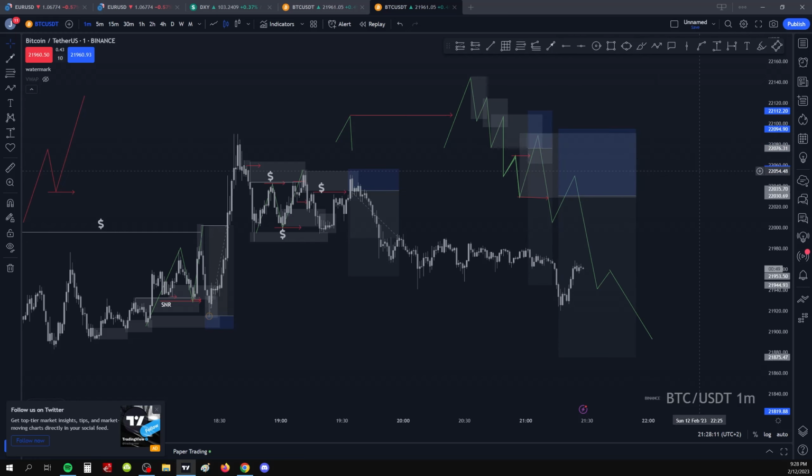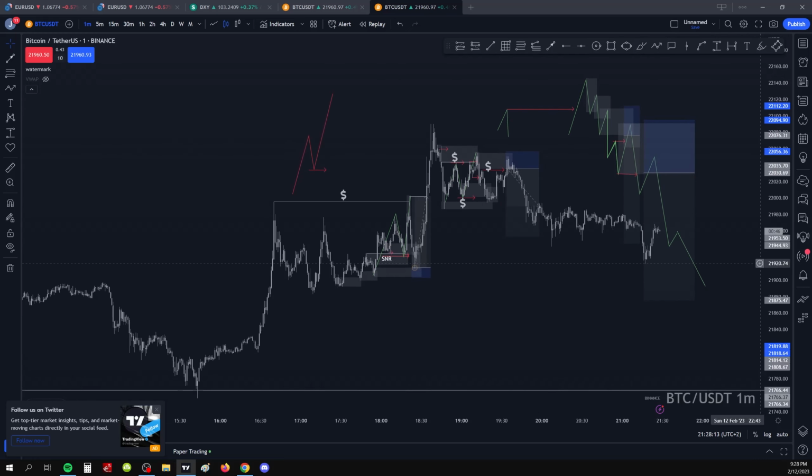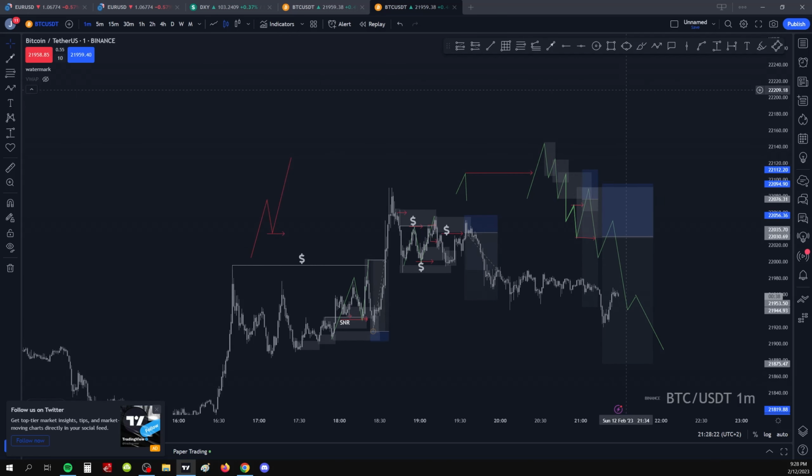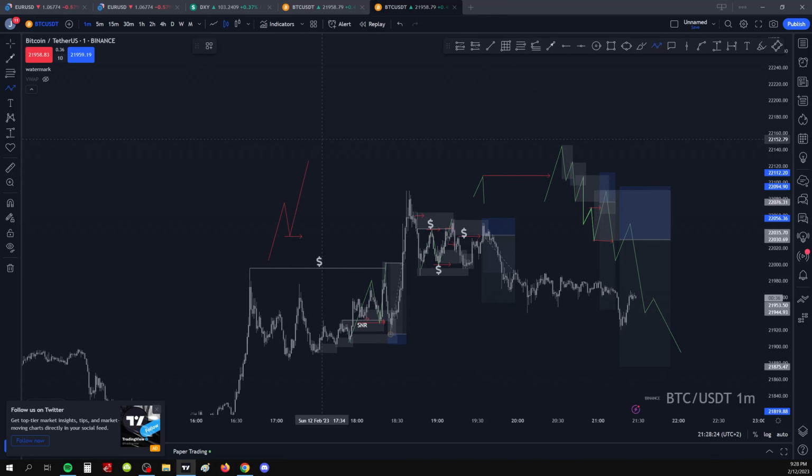I think this is enough. Remember the rule of thirds. This is an inducement. How to identify an inducement? Rule of thirds, and also the first high after a break.